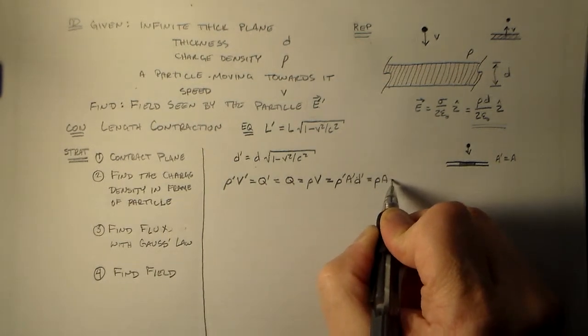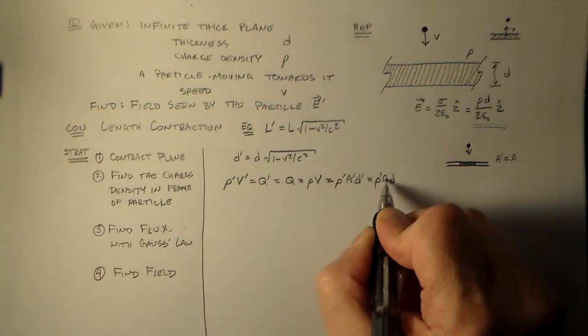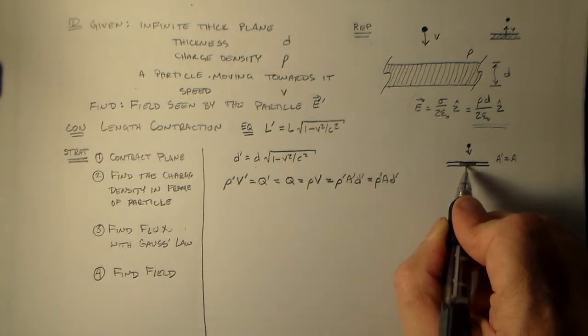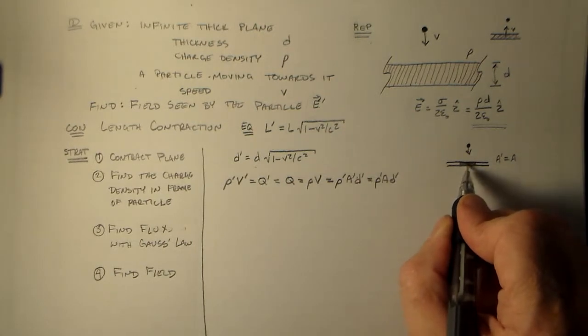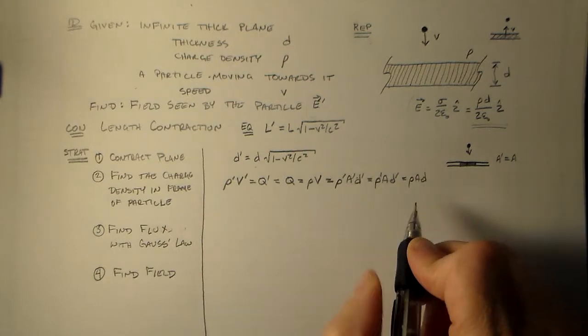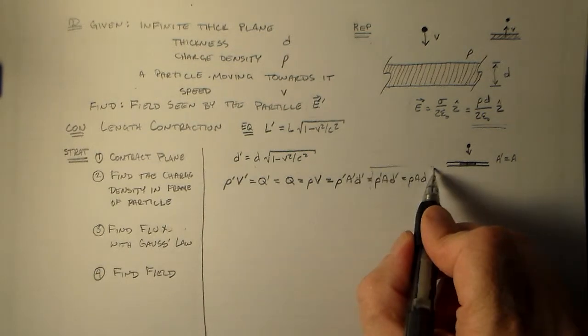So we have rho prime A times D prime. And from the point of view of this guy, it's just rho A D, right? So this is the part that we want to look at.